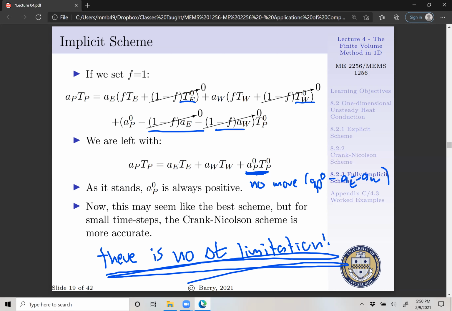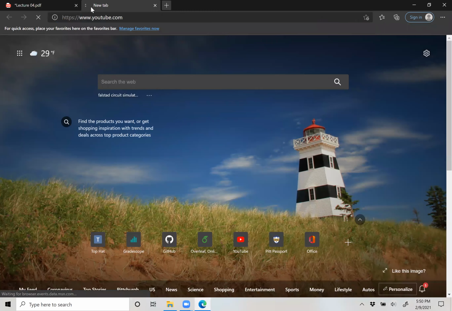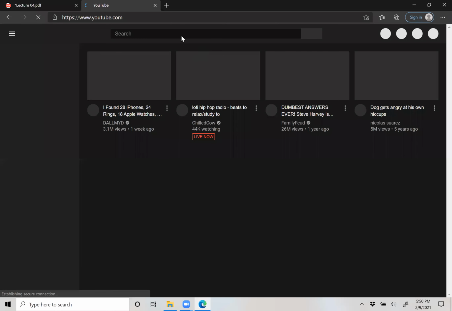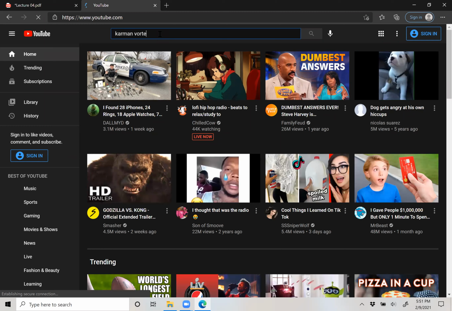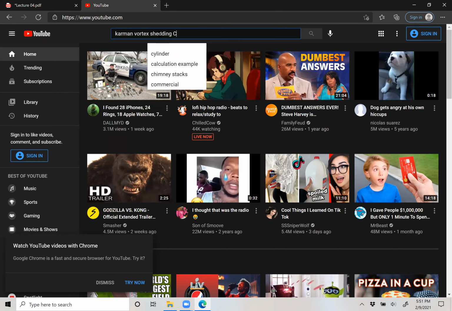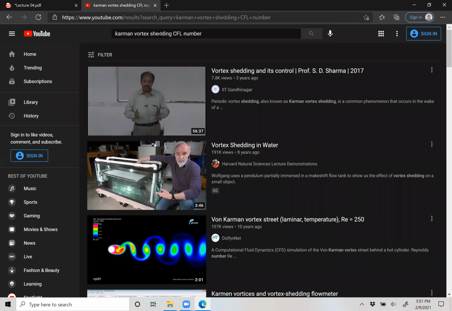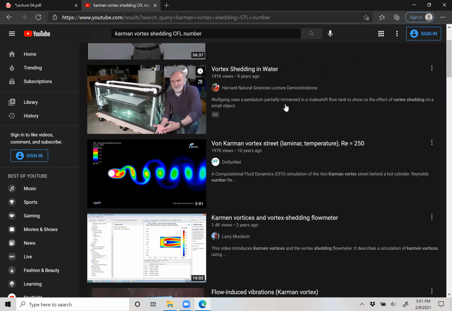And a really easy way to think about this, let's see, we can do cylinder vortex shedding, right? And I'm sure there's dozens of people out there who might have done this and looked at the effect of the CFL number.